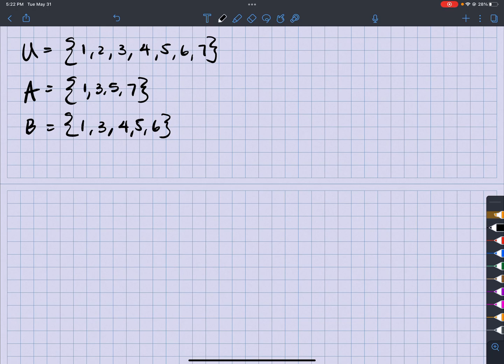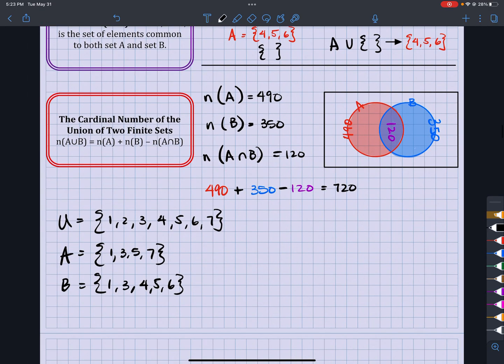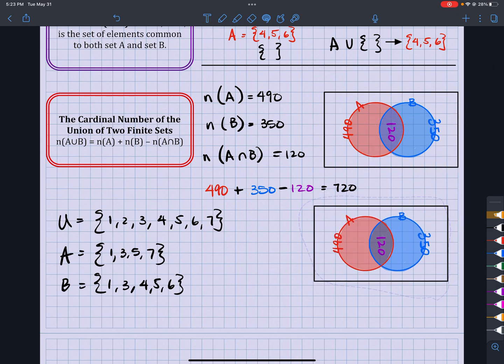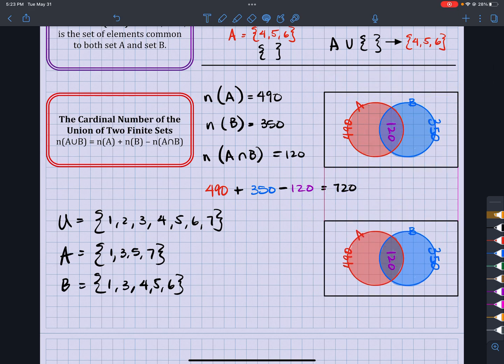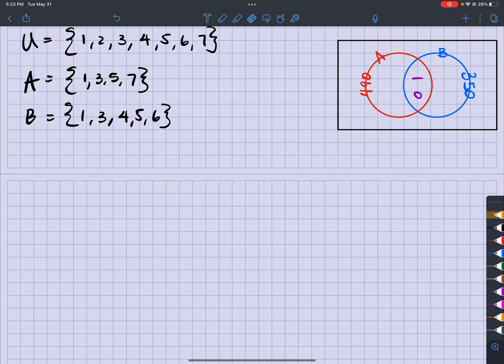So if you want to, you could leave it in roster method, or you could also say, you know what, I want to go ahead and draw a Venn diagram, right? So I'm just going to throw a Venn diagram here, but I need to erase some stuff here.